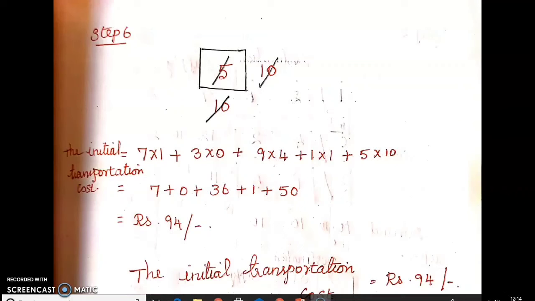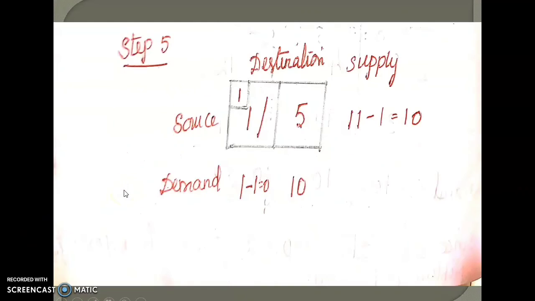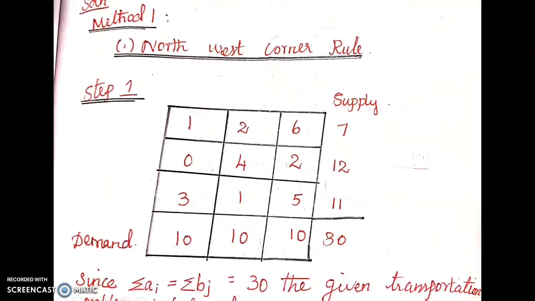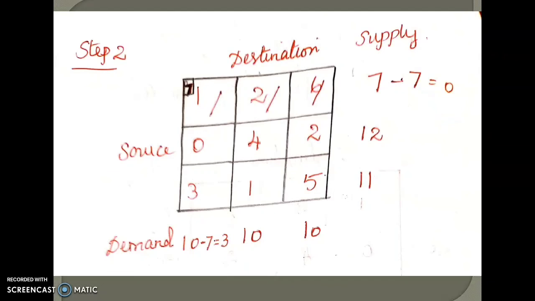Now we have to multiply all the northwest corner cell values with the least supply or demand value. So in step 1, the first northwest cell value is 1 into the least value, 7.